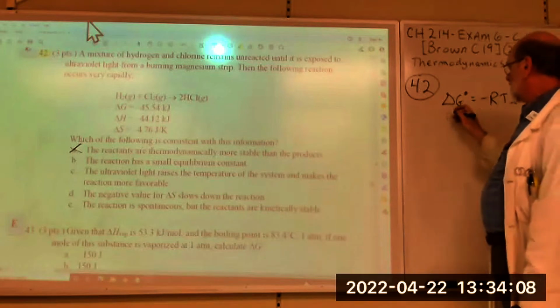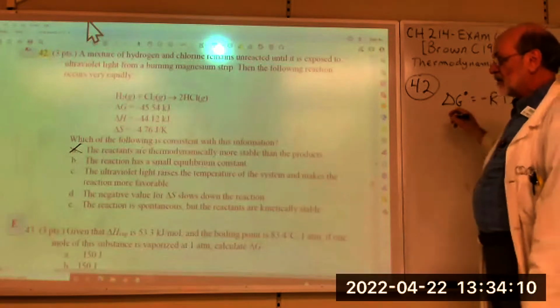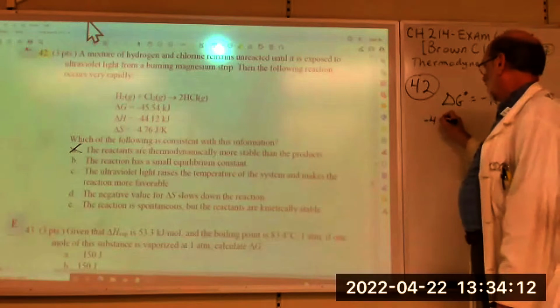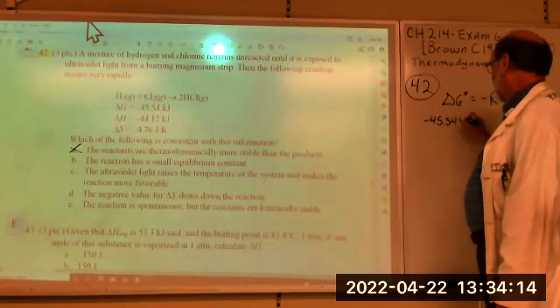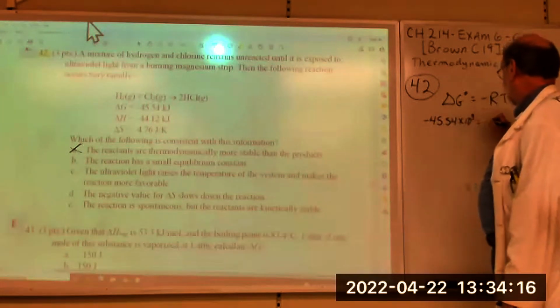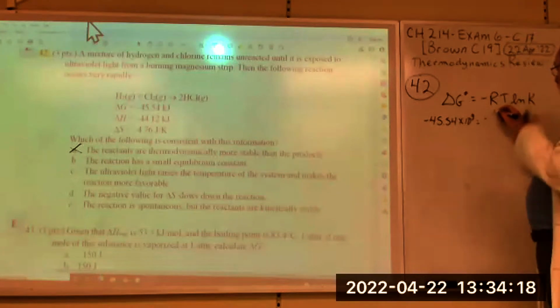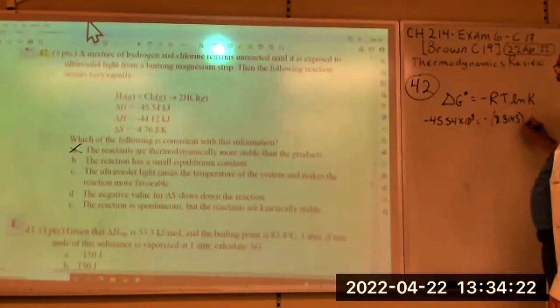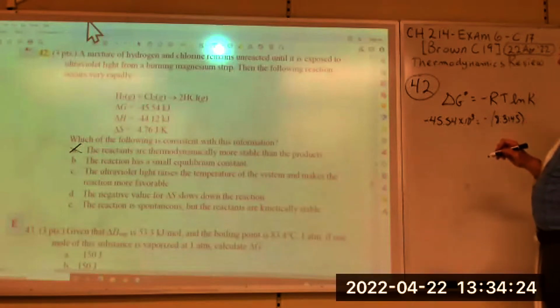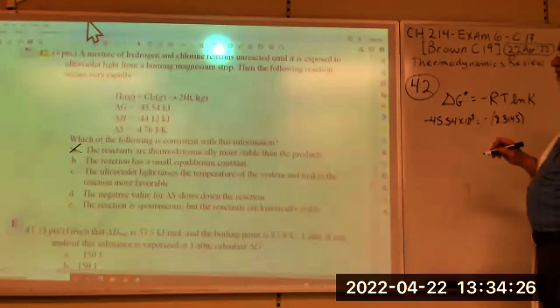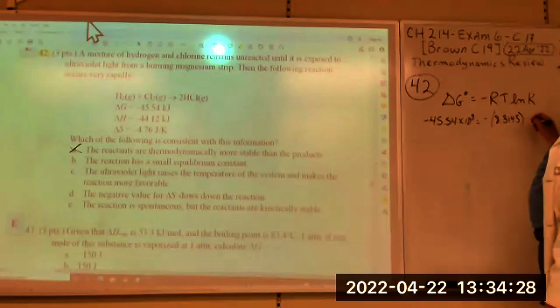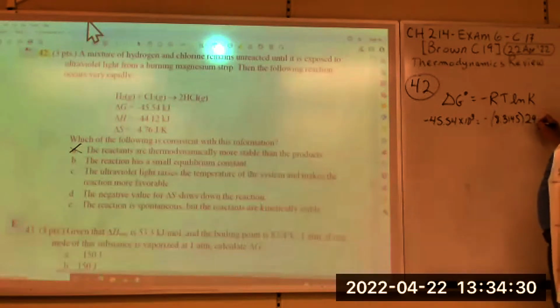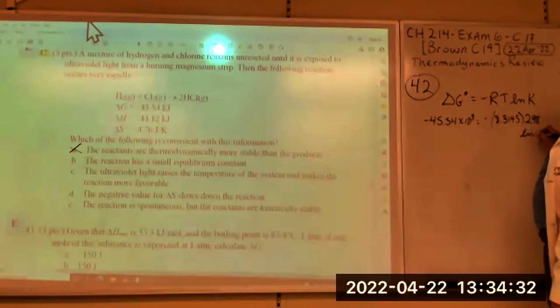Well, let's see, delta G is, and we have to convert that to joules, minus 45.54 times 10 to the third, minus R, which is 8.3145. Temperature is, what is the temperature? We have to assume that it's standard. So it'll be 298. And then log K.